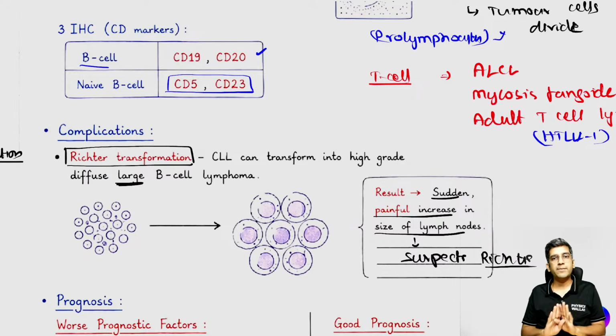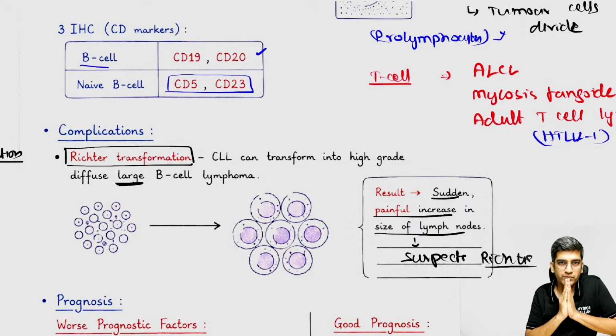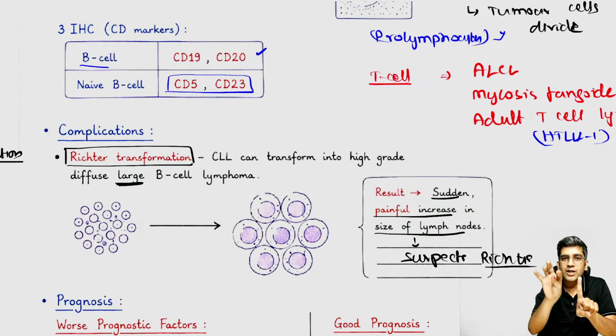CLL is a leukemia of the lymphoid circulation, right? Can I say if it's leukemia, bone marrow might have cells there? They might have cells in the bone marrow, the tumor cells in the bone marrow, right? I'm a leukemia from the lymphoid circulation. So if I occupy the entire bone marrow and reduce the RBC production, reduce the platelet production, good or bad?